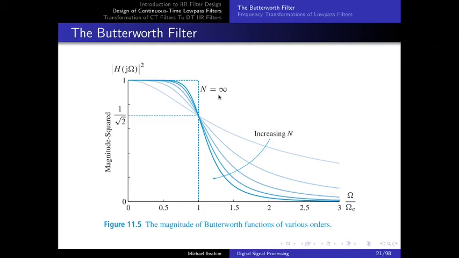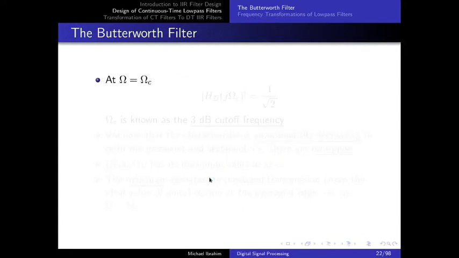As n increases, approaching infinity, the Butterworth filter would approach an ideal low-pass filter. So increasing n would result in the curve approaching that of an ideal filter. And at omega equal to omega c, you can see that the magnitude of the frequency response is always 1 over square root of 2, regardless of the filter order.